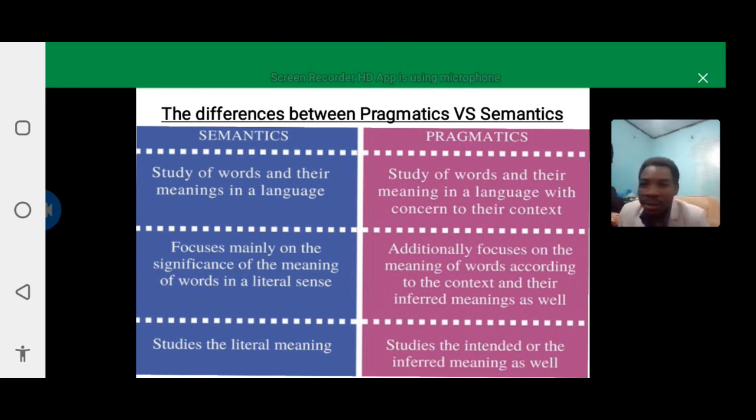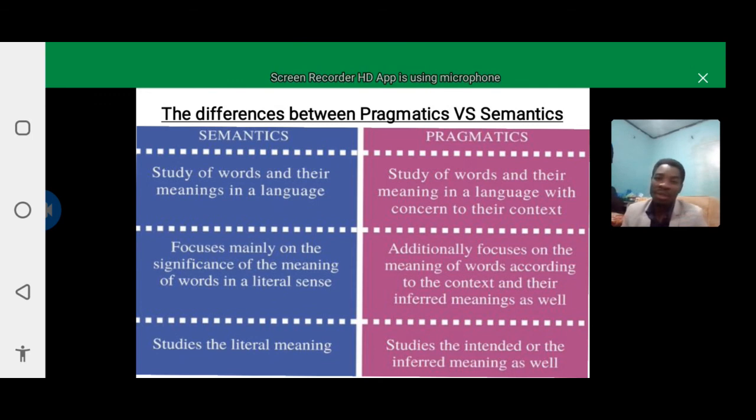Also, semantics focuses mainly on the meaning of words in a literal sense, while pragmatics focuses on the meaning of words according to the context and their inferred meaning as well. So in semantics, literal meaning matters, while in pragmatics, non-literal meaning due to the context of language use matters.